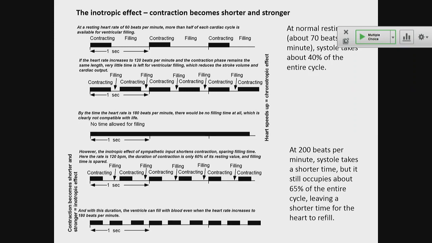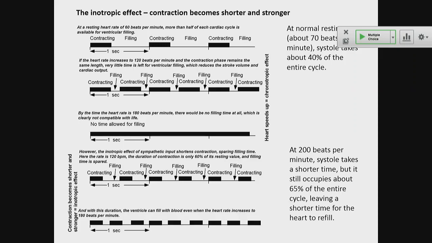Then we already learned that one of the consequences of activating a beta-1 receptor, which is in the membrane of the cardiac cells, okay, is an increase in cyclic AMP inside the cell.